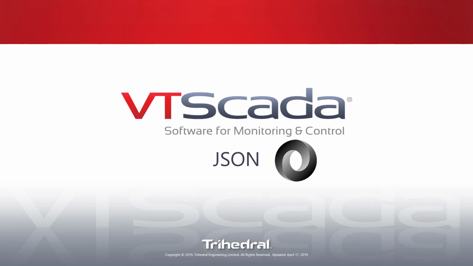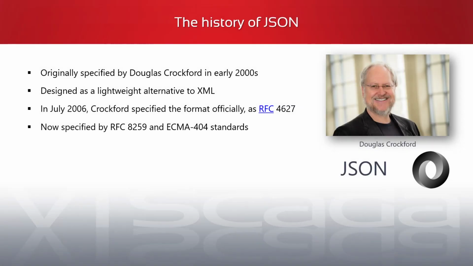So let us take a look at the history of JSON. It was originally specified in the early 2000s by Douglas Crockford, and he was trying to find a lighter weight, simpler alternative to the extensible markup language XML.